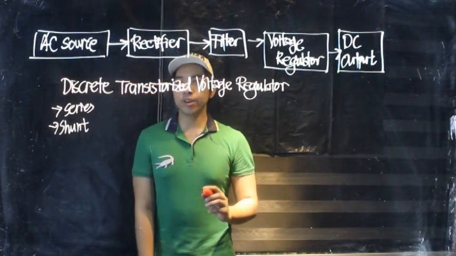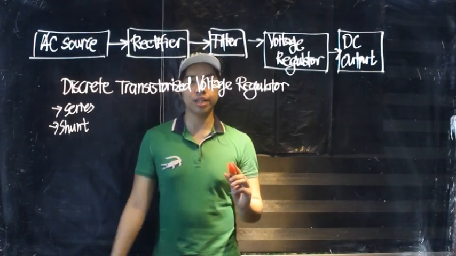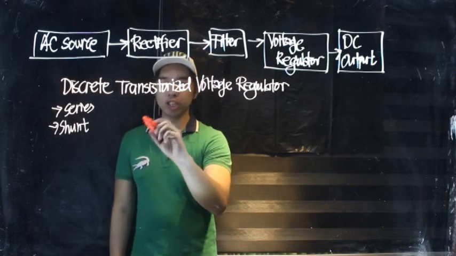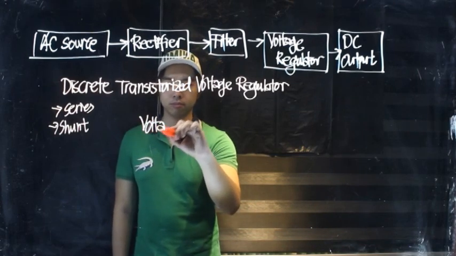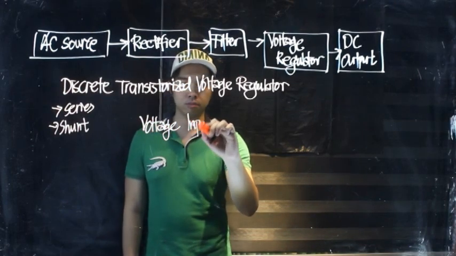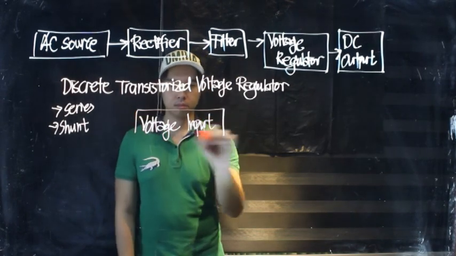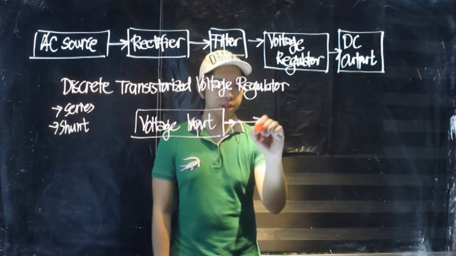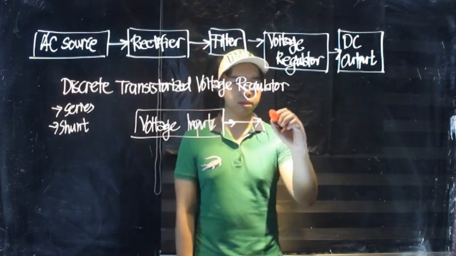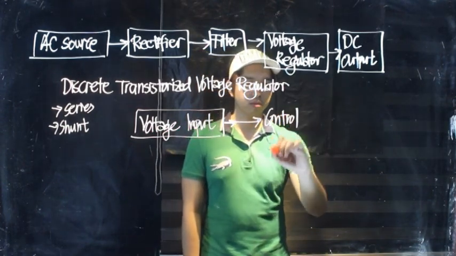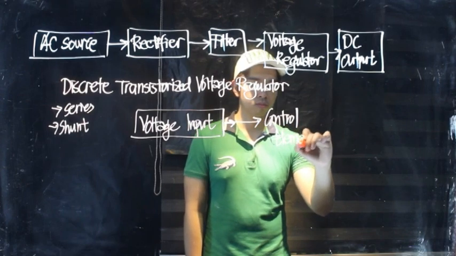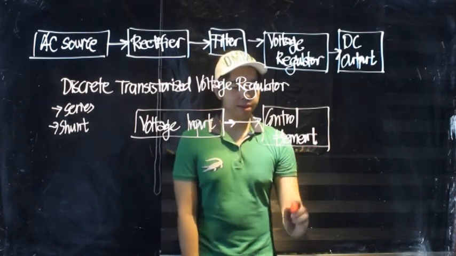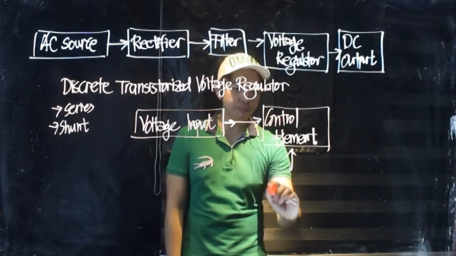For the series transistorized voltage regulator, the block of the circuit is composed of the following. We have the voltage input. The voltage input goes to a control element. The control element is mandated by a voltage comparator.